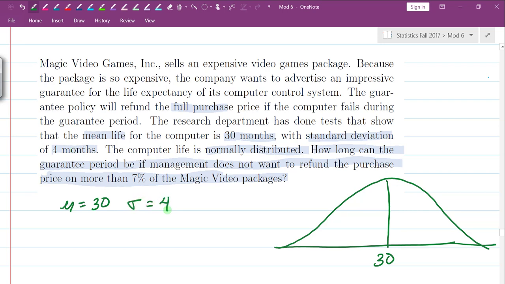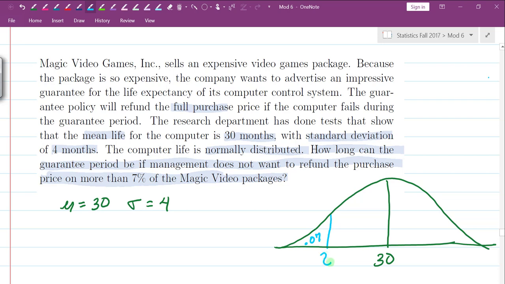The computer life is normally distributed, and how long can the guarantee period be if we do not want to refund a purchase price of more than 7%? So what this is telling me is in here is a value of 0.07, okay? And I need to find this number.